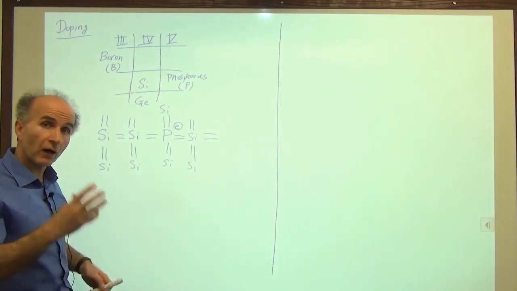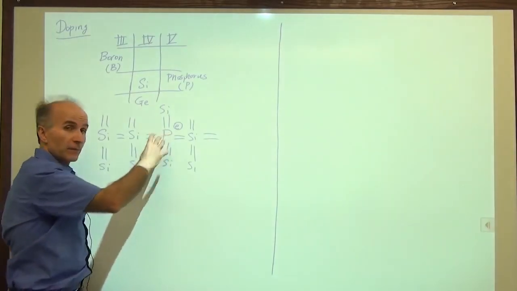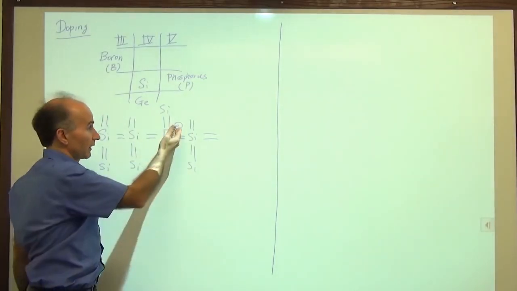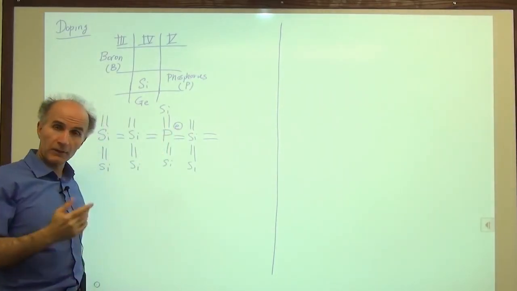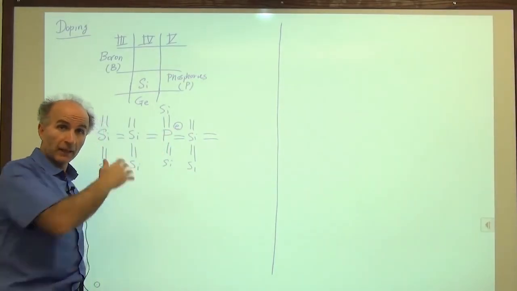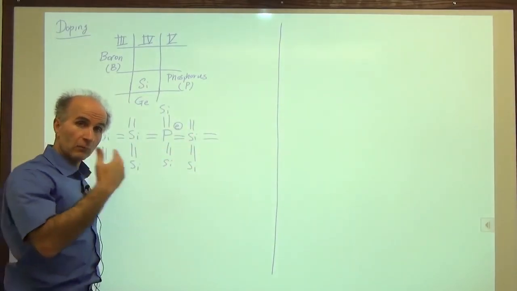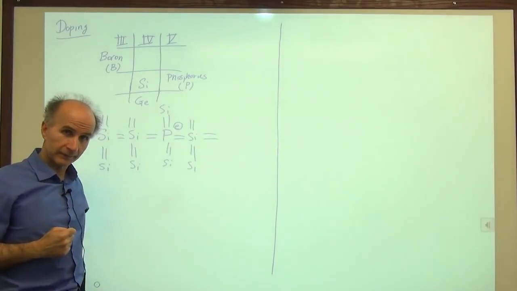So depending on how many phosphorus atoms I introduce into the silicon crystal, I can have a larger and larger number of these free electrons. So I can make this overall device more conductive by having more phosphorus atoms in it.